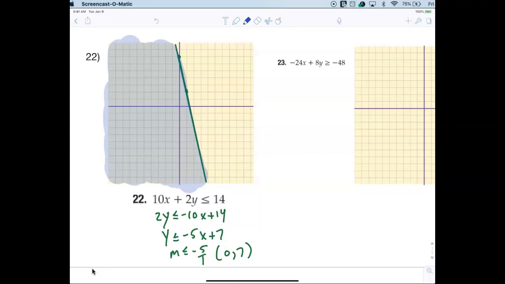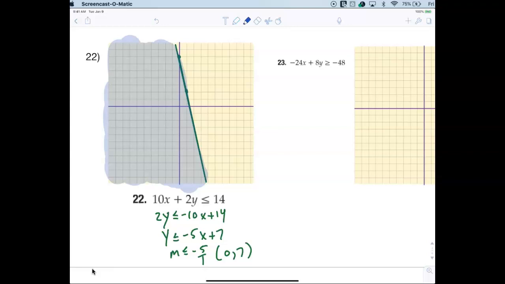Which one do you think is greater for a vertical line? If you had a vertical line, greater than would probably be what? To the right. Less than would be to the left. It's all logical.